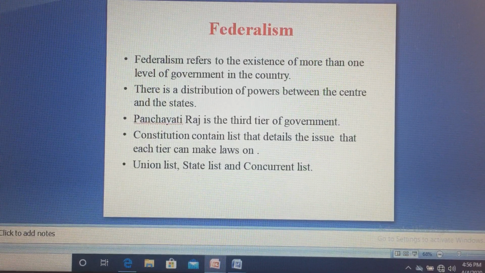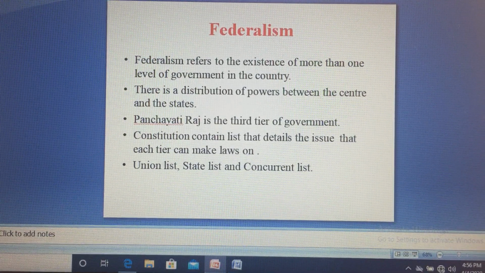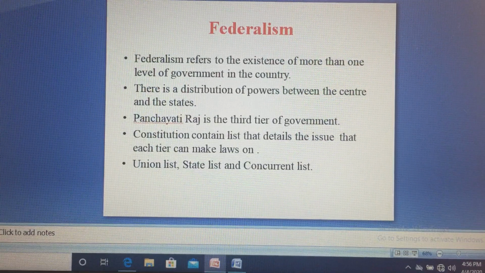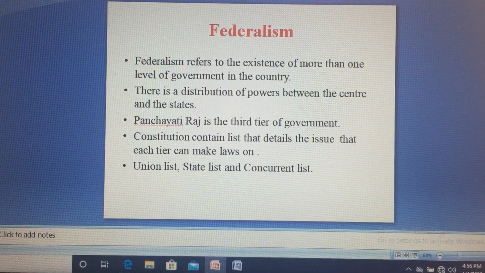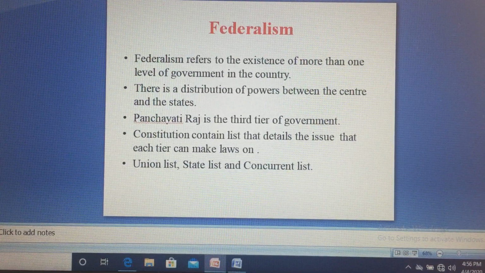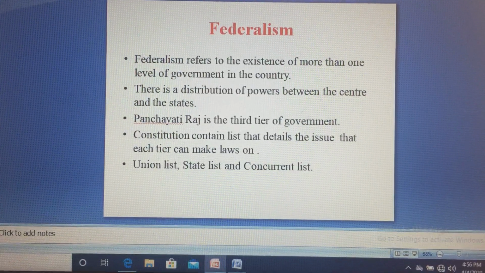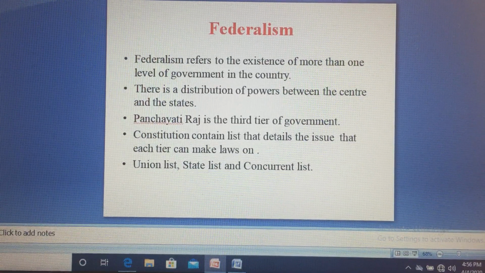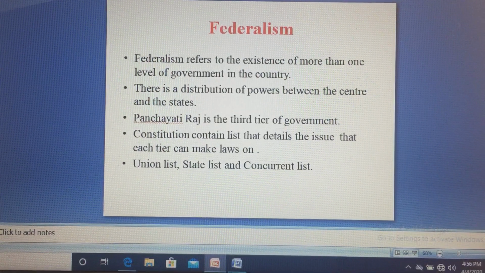Be clear: if on a topic in the concurrent list both governments have made laws, the law made by the central government will prevail. Okay, so I hope you are all clear with federalism.